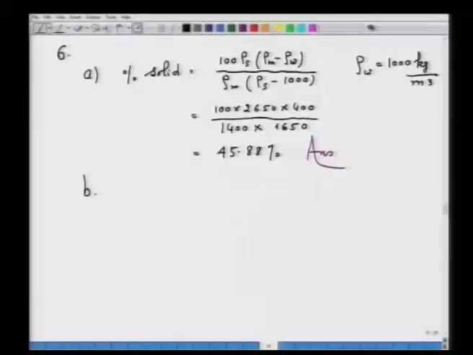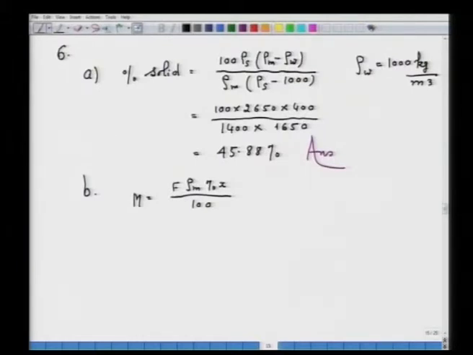So, we have derived the formula, mass flow rate m, if you recall, F into rho m into percent x upon 100. So, all that I have to do is substitute the values and get the answer.